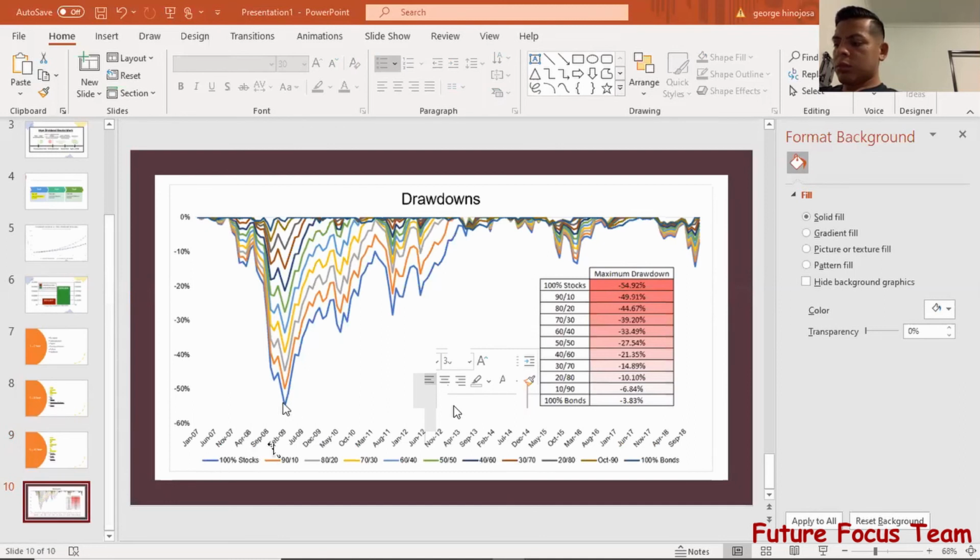The blue line right here is when you've been 100% in stocks. When you were 100% in stocks, these people here witnessed a 50% decrease of their overall portfolio. Down here, they were about 30%. So all this chart is trying to show you is that as you lessen the amount of your portfolio fully in stocks, how much safer you are.